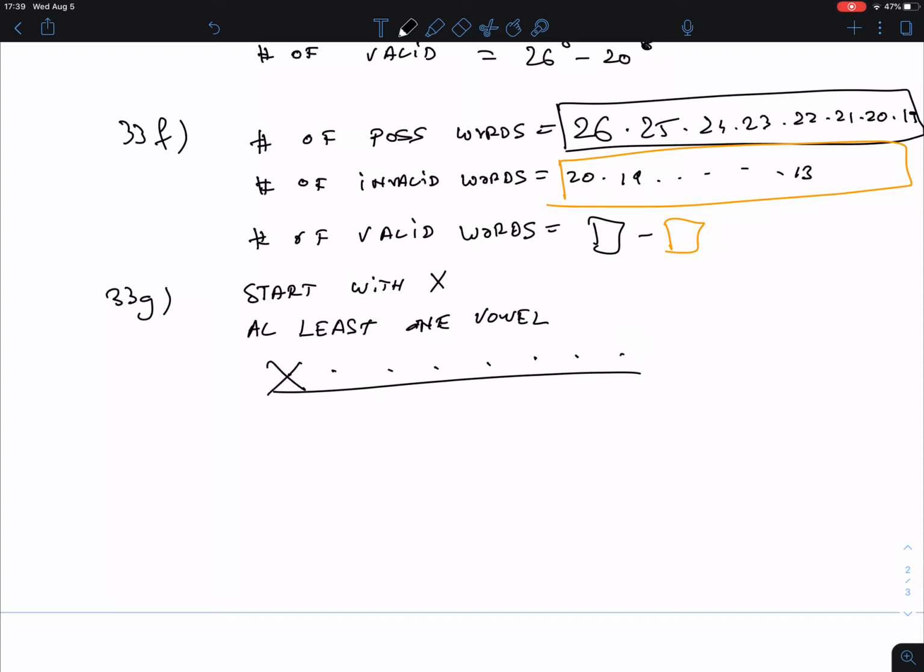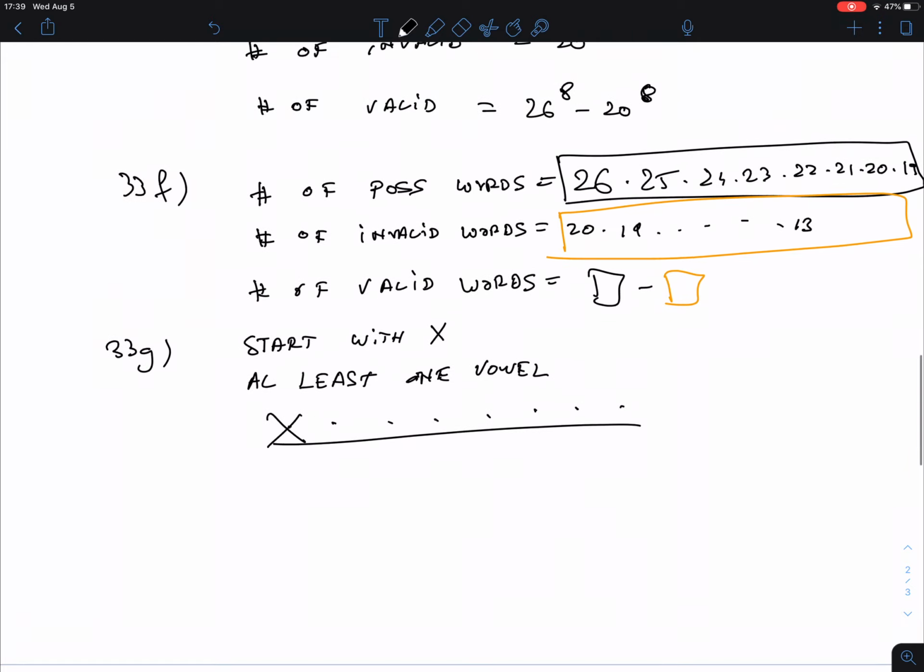Well, there's no choice. I have to put an X here. So really I'm building a word of length 7, because the X I have no choice about. It's the 7 next letters I choose, and now the idea is the same. So I'm going to write down the formula. It's 26 to the power 7 minus 20 to the power 7.